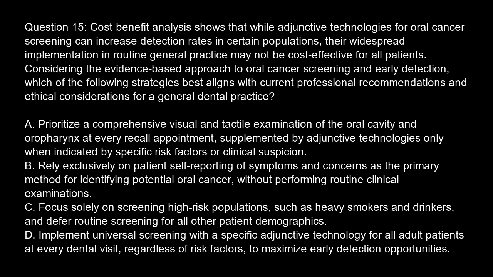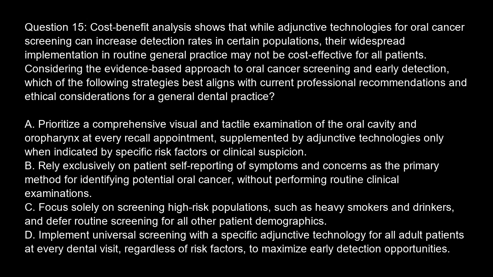Option A. Prioritize a comprehensive visual and tactile examination of the oral cavity and oropharynx at every recall appointment, supplemented by adjunctive technologies only when indicated by specific risk factors or clinical suspicion. Option B. Rely exclusively on patient self-reporting of symptoms and concerns as the primary method for identifying potential oral cancer without performing routine clinical examinations.